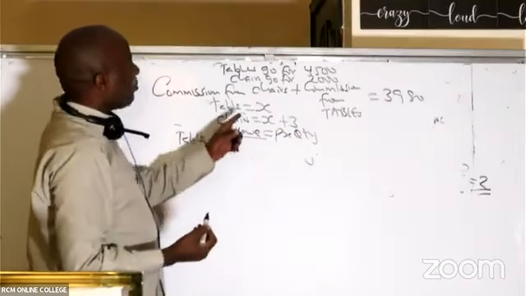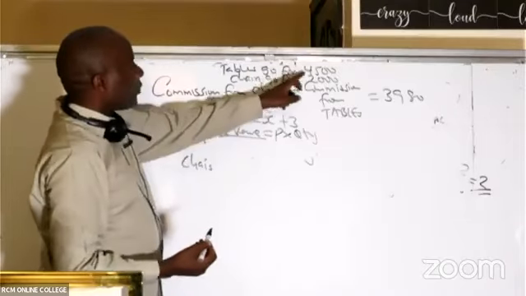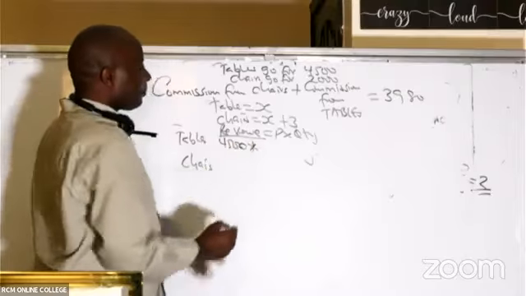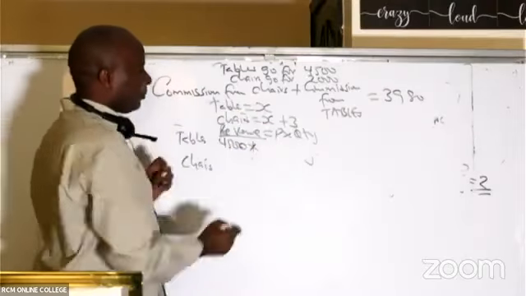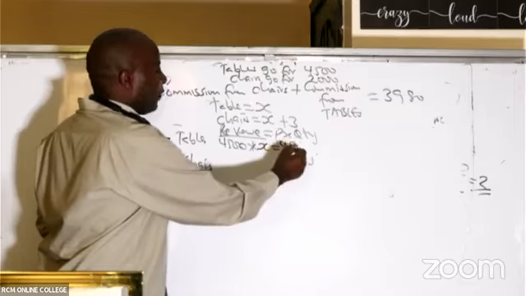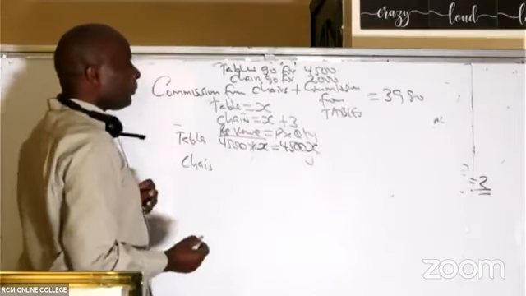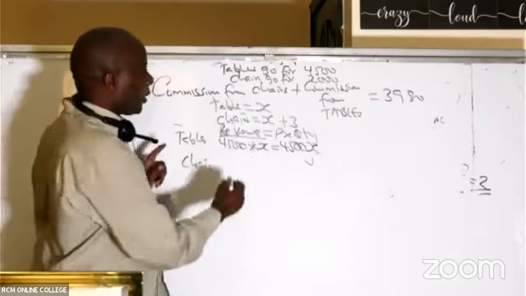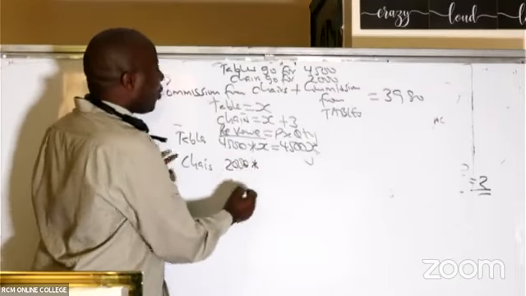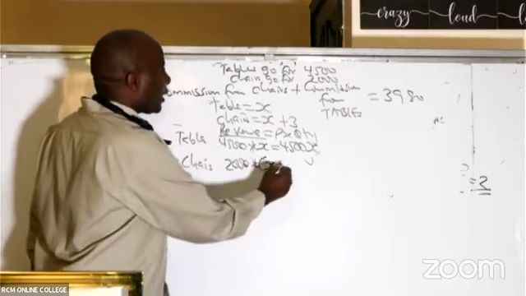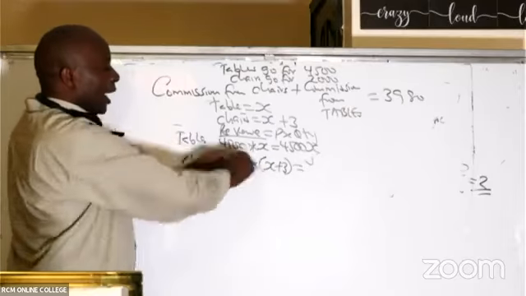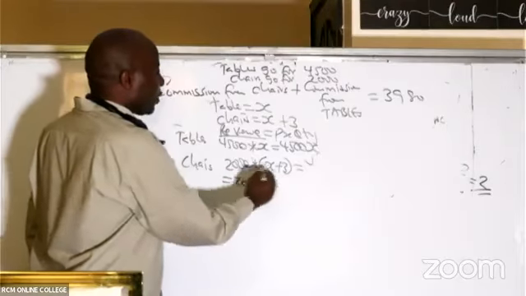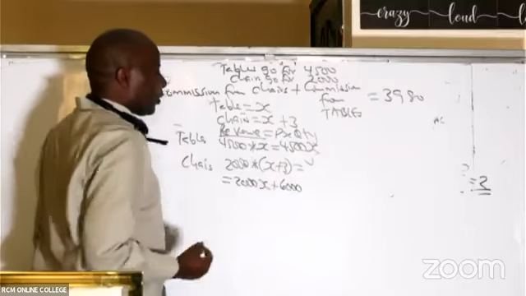So the price of a table is 4,500, times the quantity, which is X, which gives me 4,500X. How about chairs? The price per chair is 2,000, times the quantity of chairs, which is X plus 3. I have to put this in brackets. So this will be 2,000X plus 6,000.